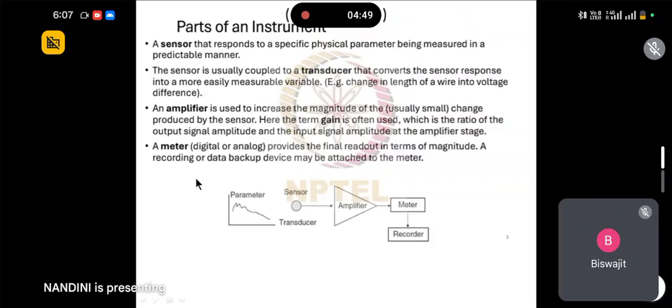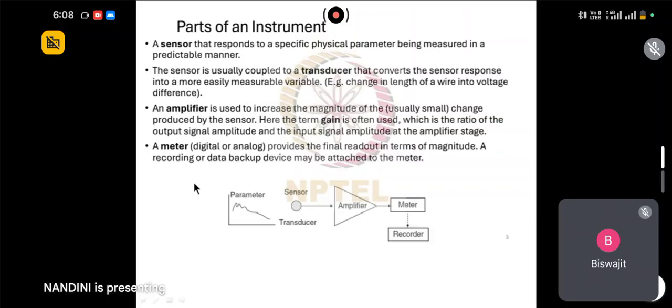And then we have a meter, which can be digital or analog, which provides the final readout in terms of magnitude. And then we will have a recording or data backup device attached to this meter. So these are the basic parts of an instrument.